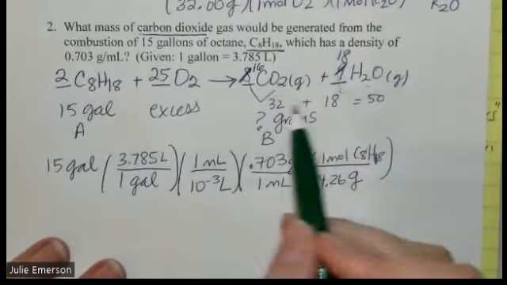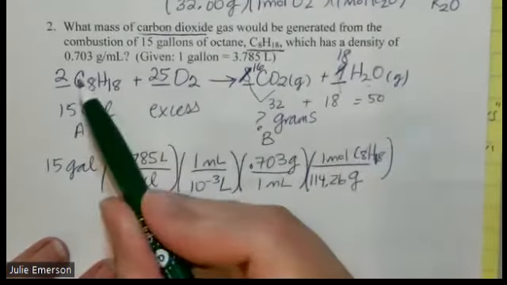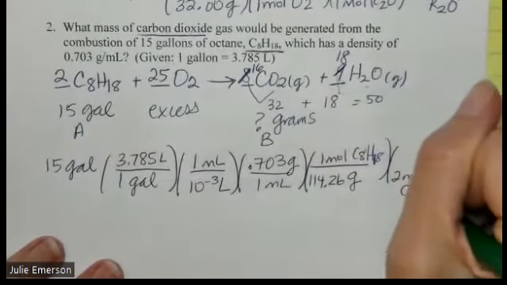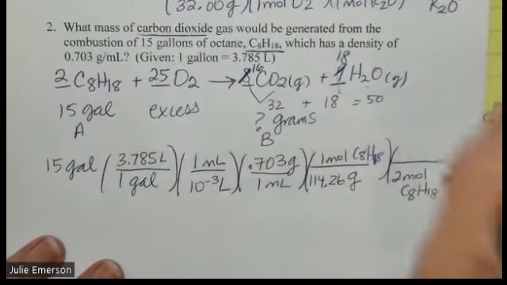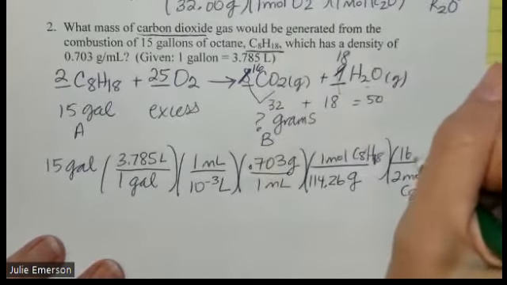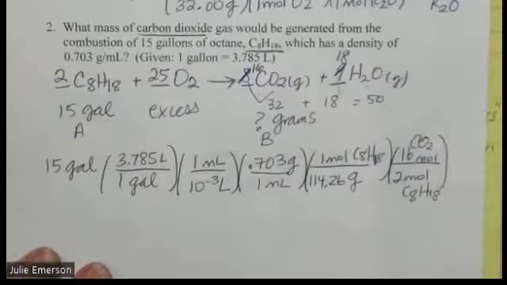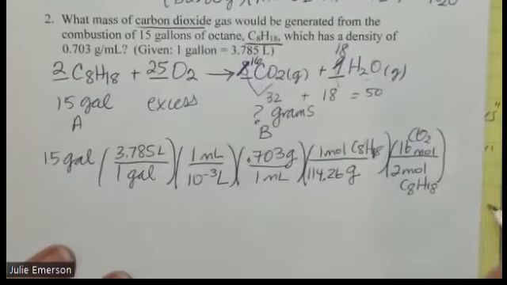All right, now that I have moles of A, I need to do my mole to mole ratio. So for every 2 moles of C8H18, I make 16 moles of CO2. And then the last thing there, I know I'm running out of room, is to get to grams.